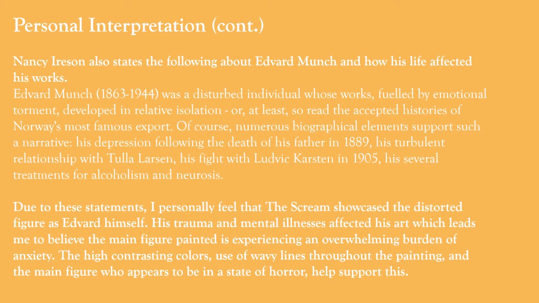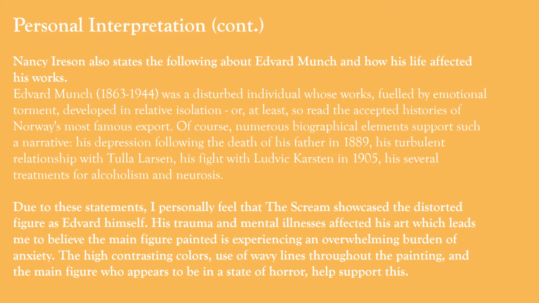Nancy Ireson also states the following about Edvard Munch and how his life affected his works. Edvard Munch was a disturbed individual whose works, fueled by emotional torment, developed in relative isolation, or at least so read the accepted histories of Norway's most famous expert.